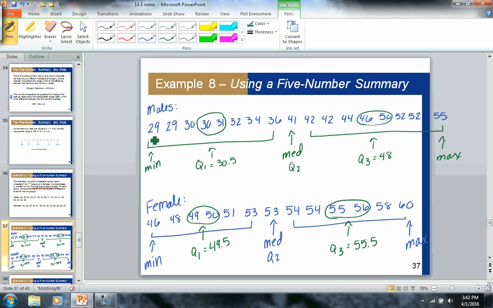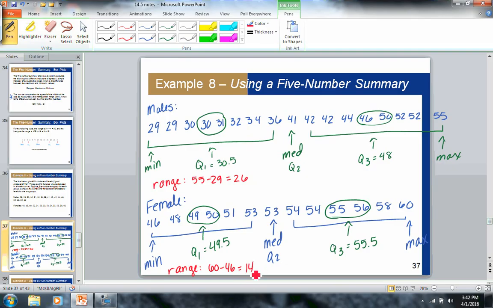We could also find the ranges too. That's probably one other thing that we should find. The range for the males, let's see, we're going from 55 to 29, so that would be 26. The range for the females is going from 60 to 46, so that's only 14.